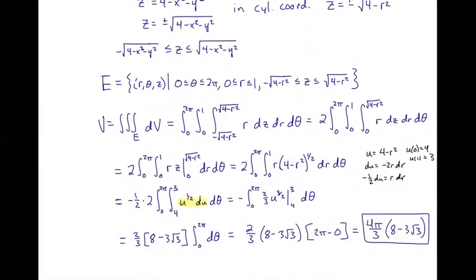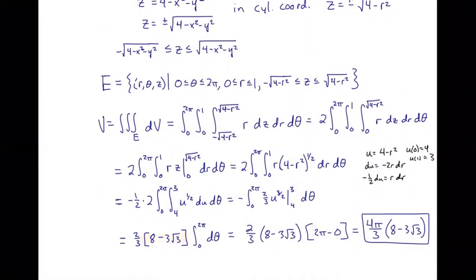Power rule tells us that's 2/3 u to the 3/2 from 4 to 3. And then with respect to theta, integrating this leaves us with the constants we see below on the next line. And that is 2/3 times 8 minus 3 root 3 integral from 0 to 2 pi d theta, which is just theta from 0 to 2 pi.